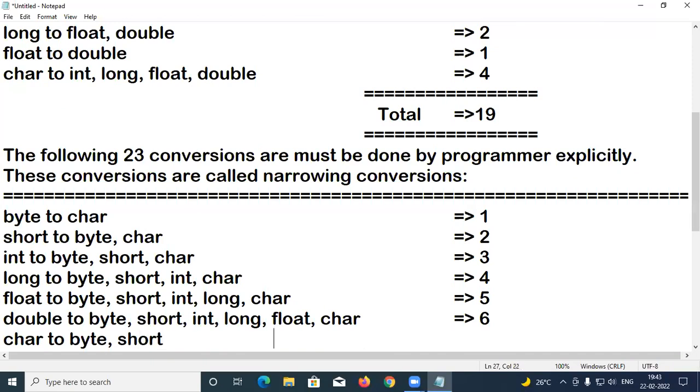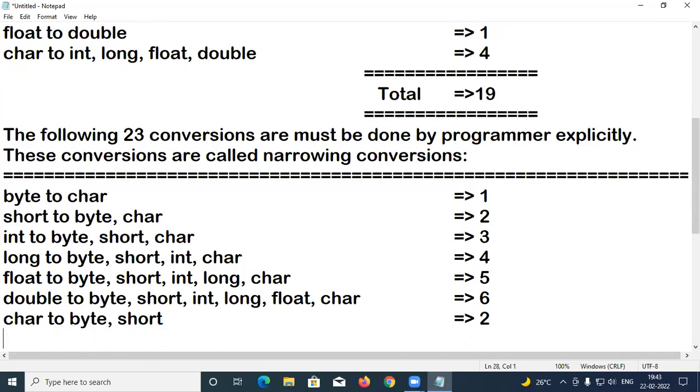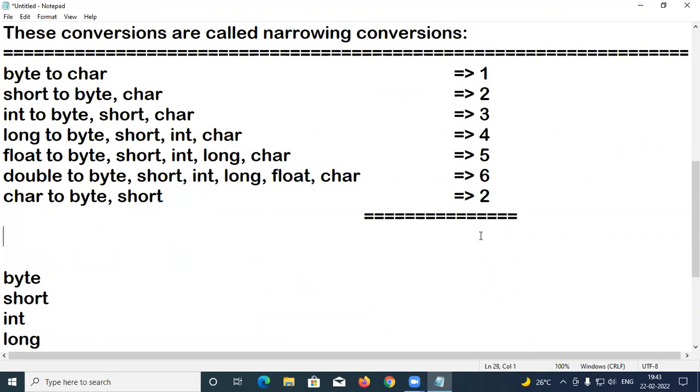If we calculate, 1 plus 2, 3. 3 plus 3, 6. 6 plus 4, 10. 10 plus 5, 15. 15 plus 6, 21. 21 plus 2, 23. So this 23 total.